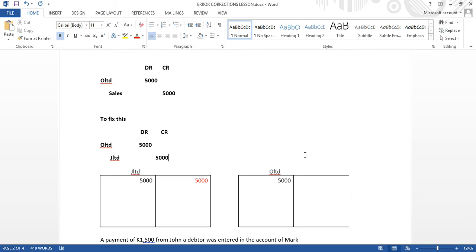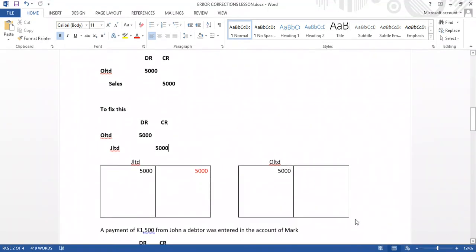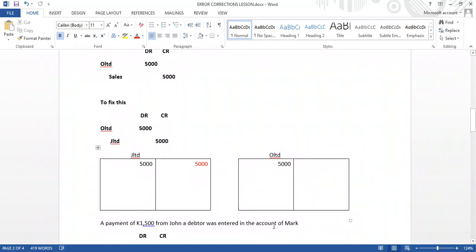We debit cash, right? So here, what happened was we credited Mark and debited cash. We were supposed to credit John instead, right?